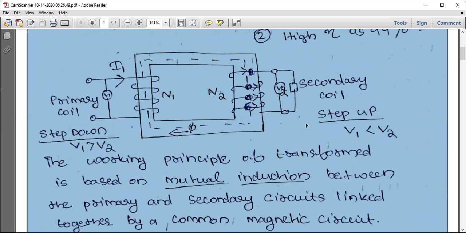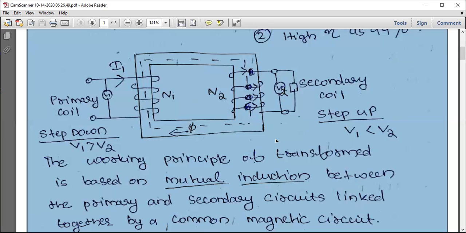So E1 is proportional to d phi by dt as well as E2 is also proportional to d phi by dt. Only the proportionality constant will be different. In the case of the primary, E1 is equal to N1 into d phi by dt, and in the case of the secondary, E2 will be equal to N2 into d phi by dt.